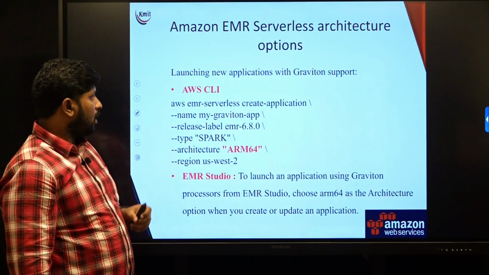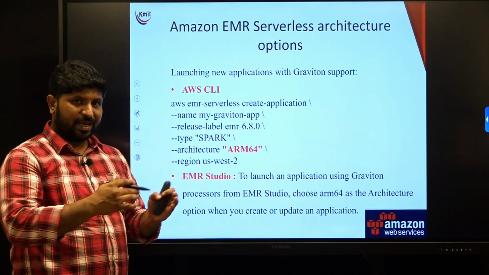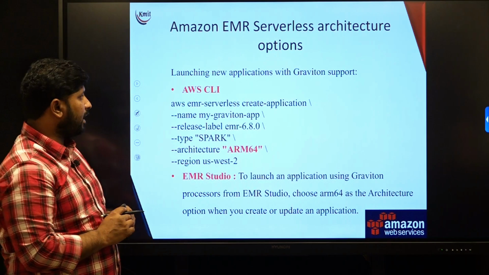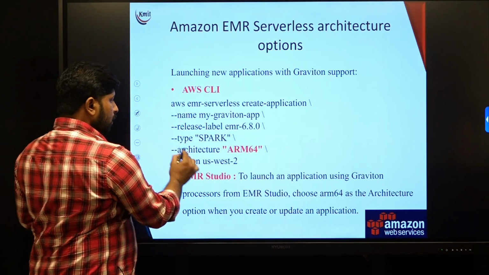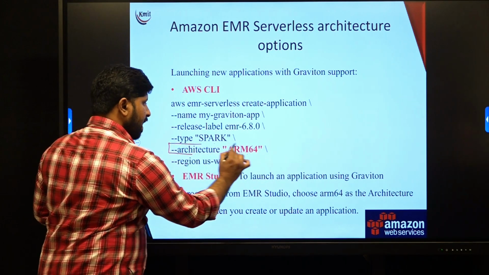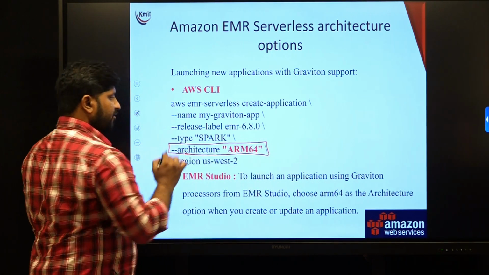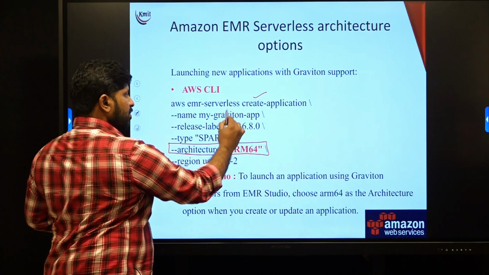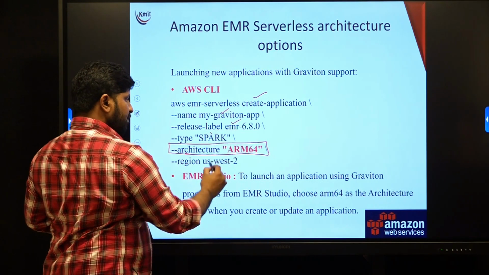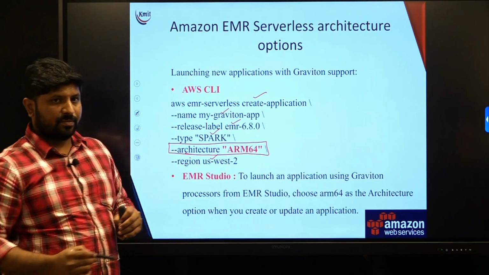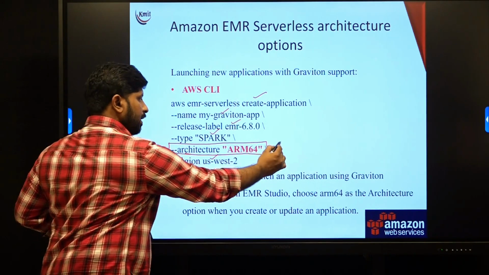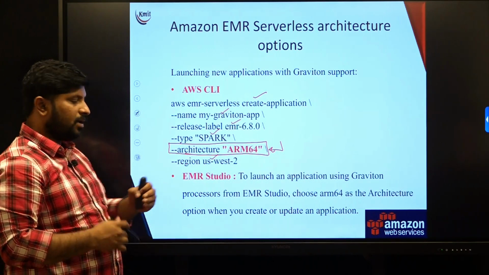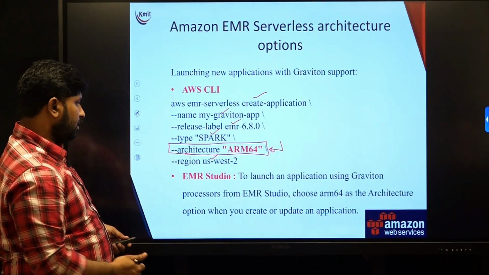For this, if you want to change from x86 to ARM 64, if you are going through the command line, then you need to just mention the parameter, hyphen architecture. Remaining things are going to be the same: create application, name of the application, release versions, type, and your region. Just include the architecture over here to notify that you are going to change the architecture.